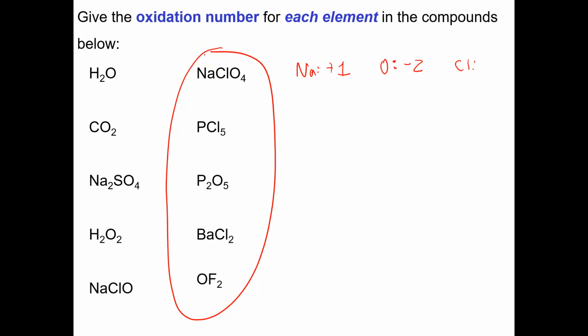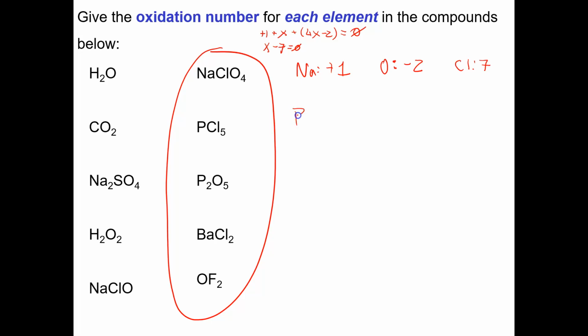The overall charge on this compound is 0, and we have +1 for the sodium. We don't know what the chlorine is, so we're just going to let that be X. And then we've got 4 lots of -2 for the oxygens. All of that has to add up to 0. So X - 7 equals 0, so X must be 7. So the sodium is +1, the oxygen is -2, and the chlorine is +7.